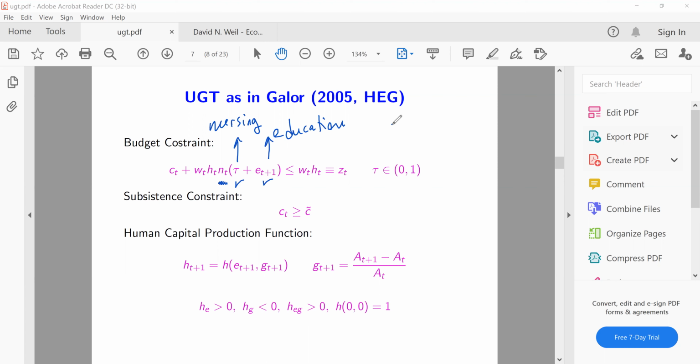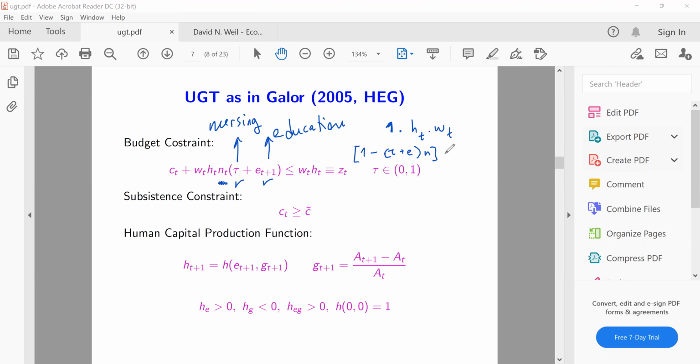So if you have 1 unit of time, you can spend your entire work time in the labor market and obtain this income, or you spend tau plus E units for each kid, right?